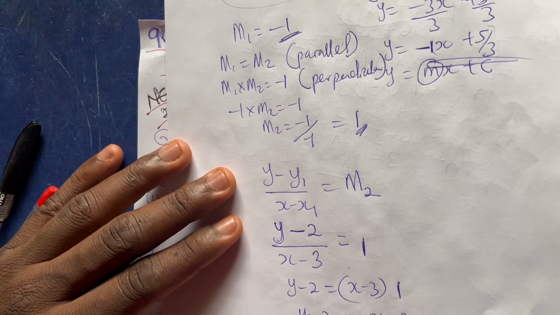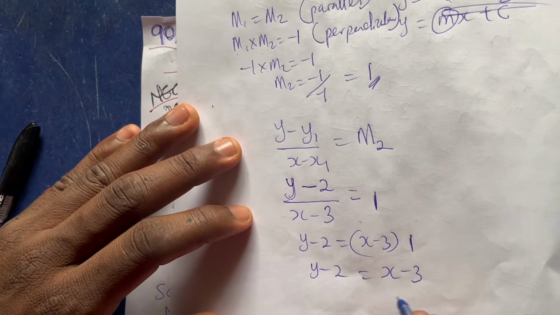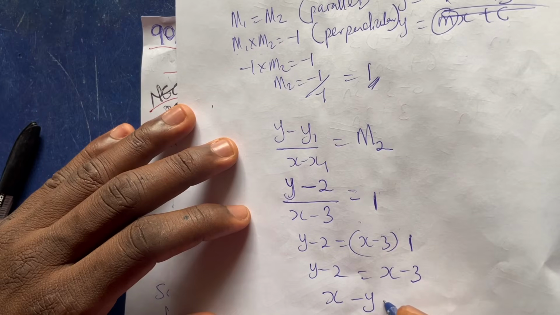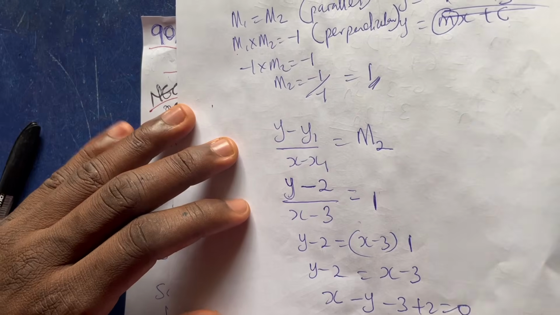So then let's rearrange this equation in this form. That will now give us x minus y minus 3 plus 2 equals 0.